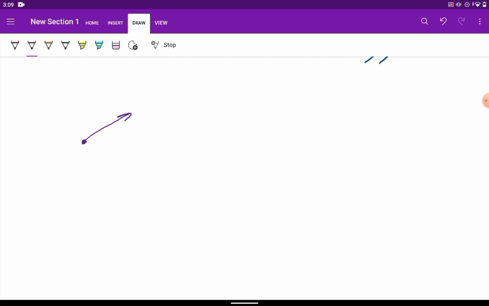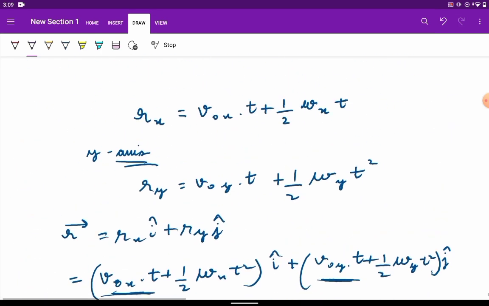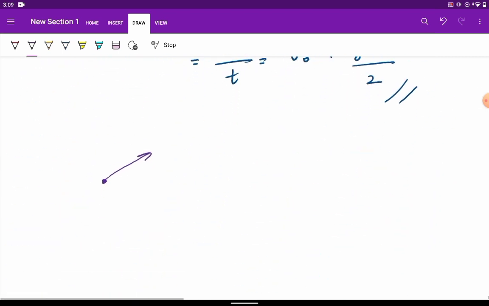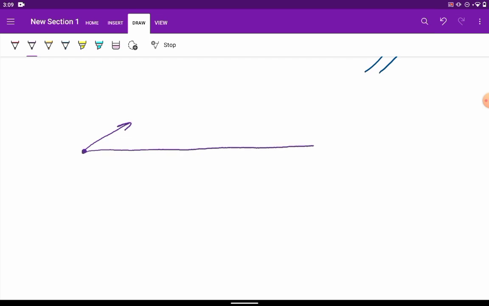As they say in the question, the total time of motion would be considered as when it comes back to the same level again, right? Okay, so the rough trajectory would be something like this. Okay, this is a rough trajectory.